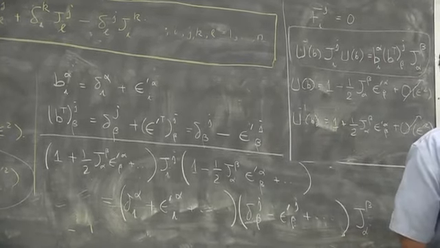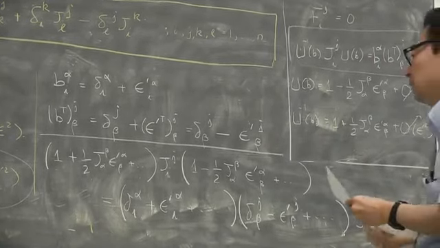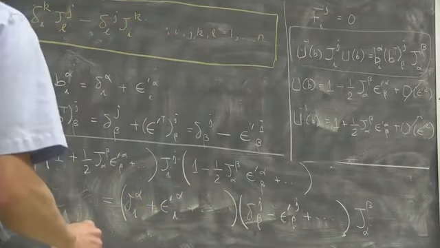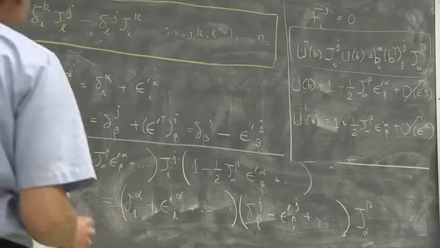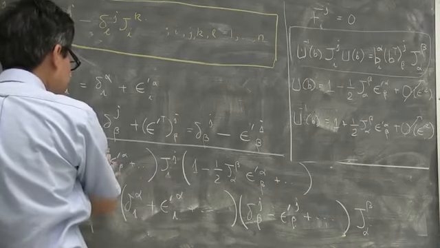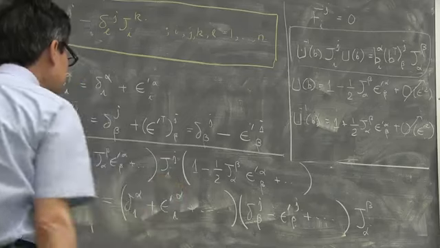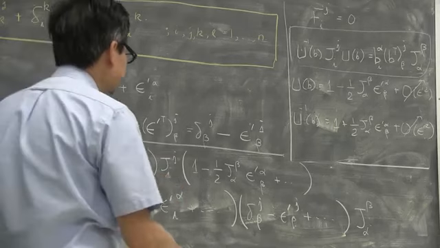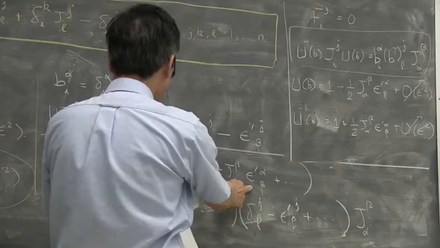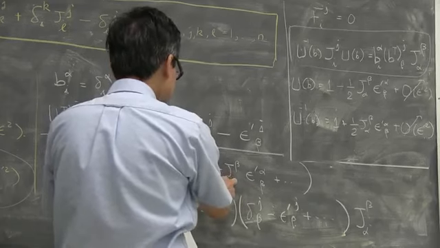So you have J_ij. Now, what are the terms which are proportional to first order in epsilon? You have multiplied this by this, so it's J_alpha beta J_ij. But then there's another term which is proportional to the first order in epsilon prime, and that is J_ij J_alpha beta.